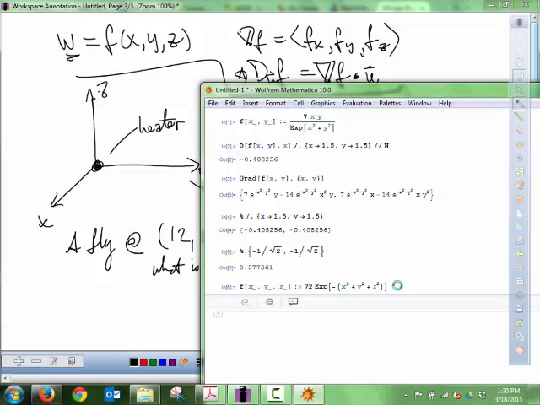So the gradient, again, this is one of those nice functions where it looks like it's symmetric. So to take the derivative with respect to x and try to figure that out, derivative with respect to y and z should look very much the same, except for some different things swapped around.